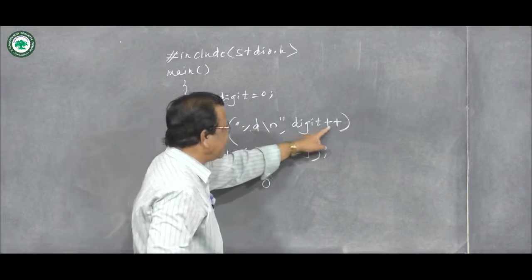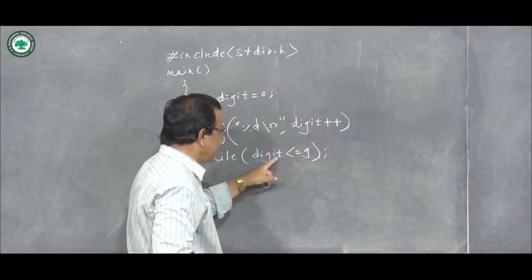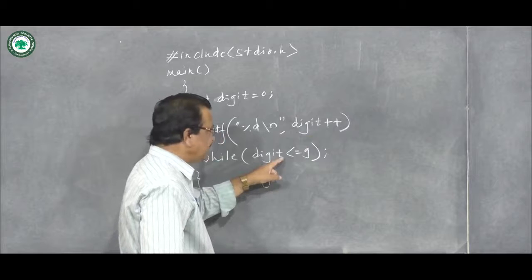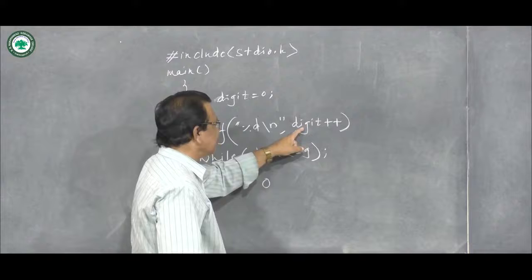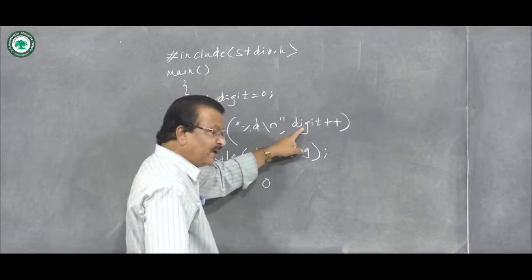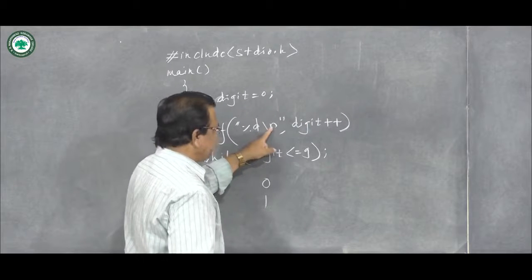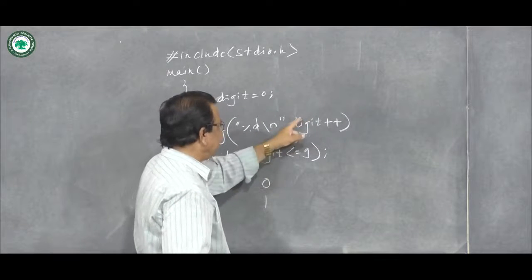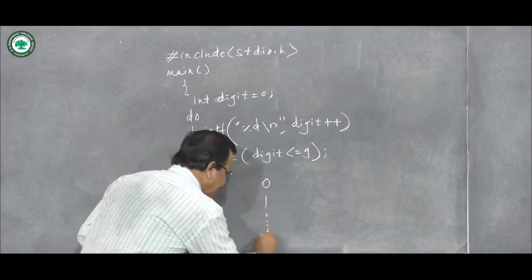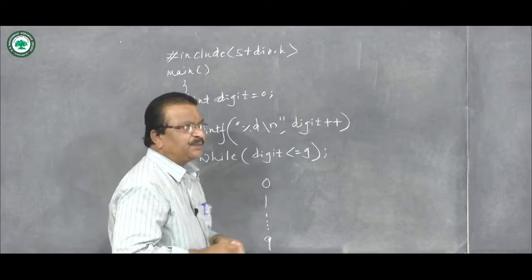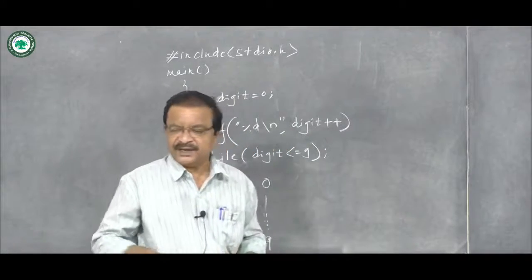Then it will get incremented after using it for printing, and then tested with this condition. 1 is less than 9, so the condition is true, it will go back, and the current value of digit, which is 1, will get printed on a new line because of this \n. Similarly 2, 3, and then it will be tested for 4, 5 and so on. So it will print the digits 0 through 9, each on a separate line.